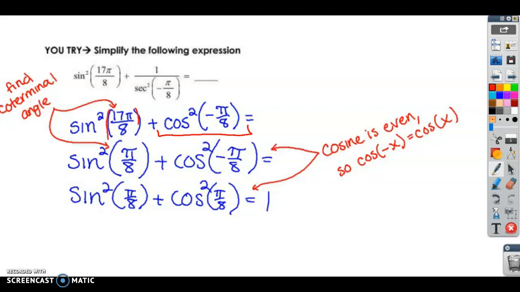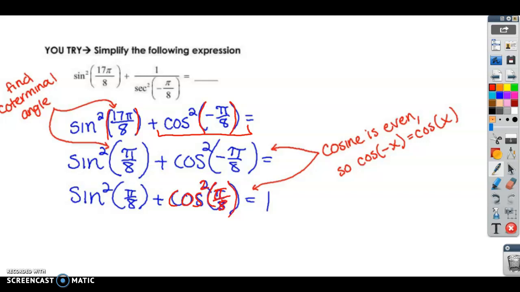For the sine, I've got 17 pi over 8, and for cosine, I've got negative pi over 8. So I've got to make them all the same. So I decided to change them all to positive pi over 8. In doing so, when you change to cosine, you don't have to do anything, the negative just goes away. So that's where this came from, pi over 8.